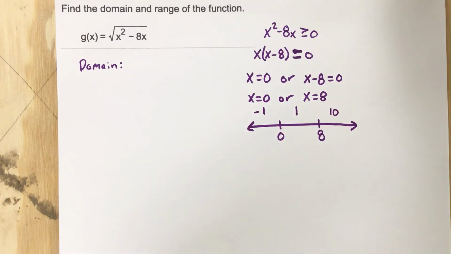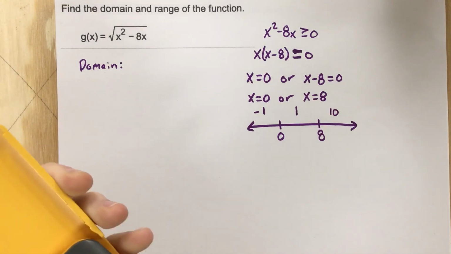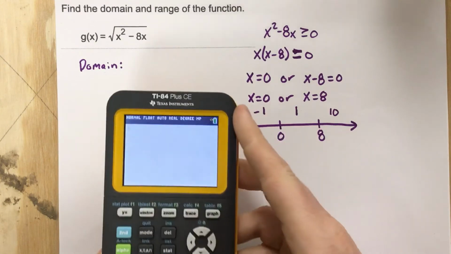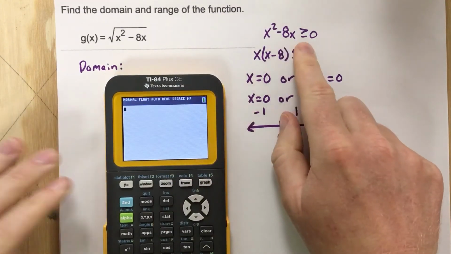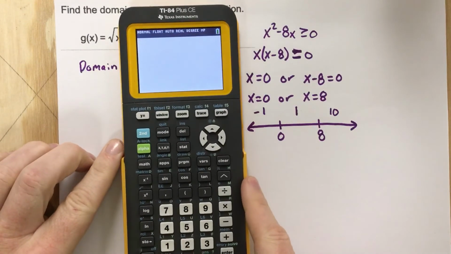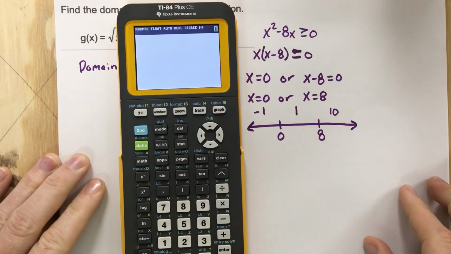Now I'm going to take those numbers, negative 1, 1, and 10, and plug them into my function. It says greater than or equal to 0, so I'm going to use the store key on my calculator.